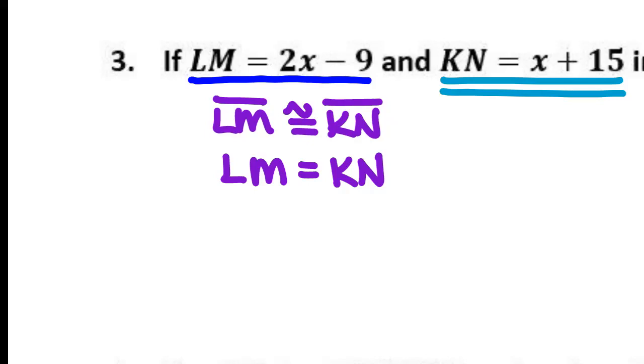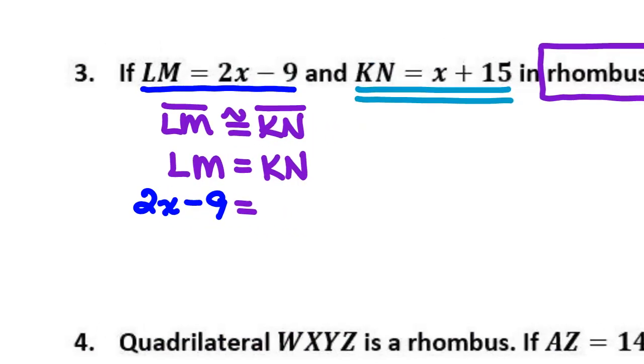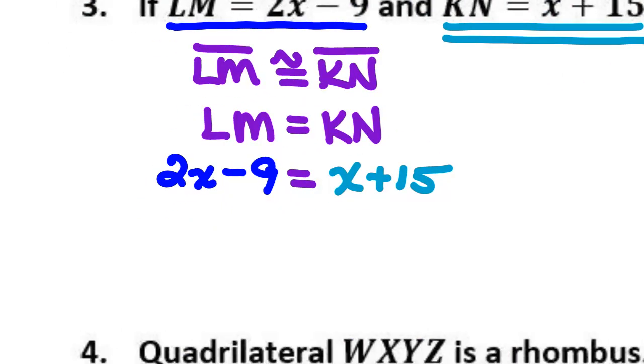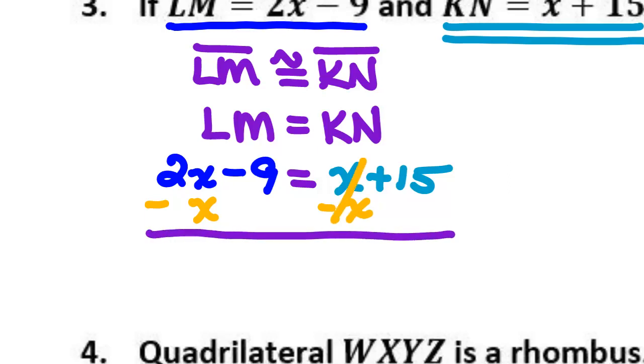So LM is 2x minus 9. KN is x plus 15. And we want to solve this for x. So I get my variables to the same side first by subtracting x from both sides. 2x minus x would give me x.